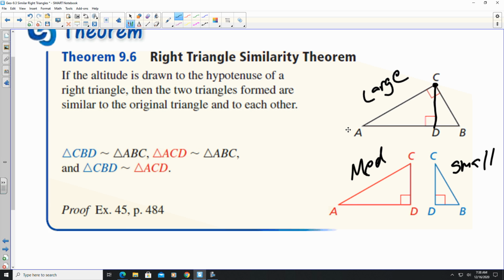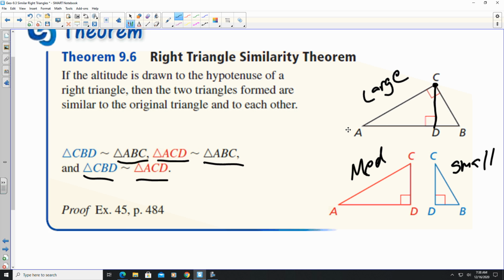So we can say that triangle ABC is similar to the blue triangle CBD, and triangle ABC, the large triangle, is similar to the medium one, triangle ACD, and the medium and small triangles are also similar.